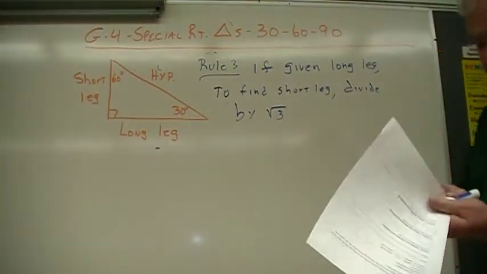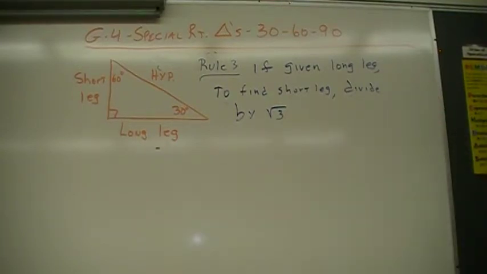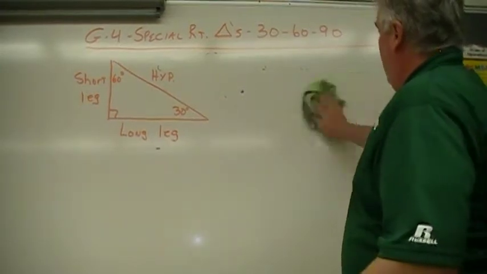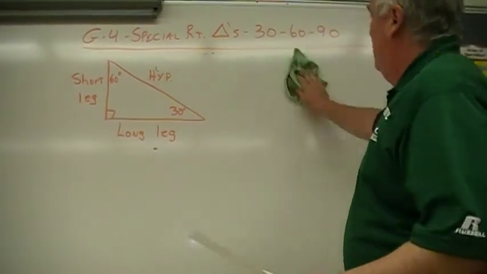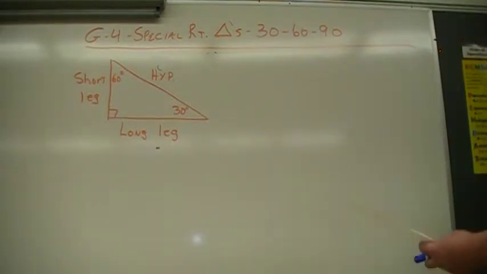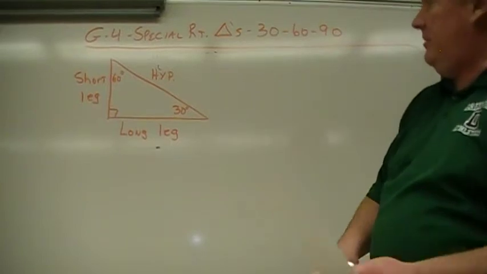So you're going to probably want to pause, write that in again, because I'm not going to take a lot of time on that. I'm on a time crunch here. I need to get this in under 10 minutes. So if given the long leg, to find the short leg, divide by square root of 3.